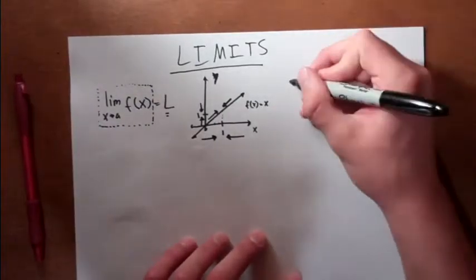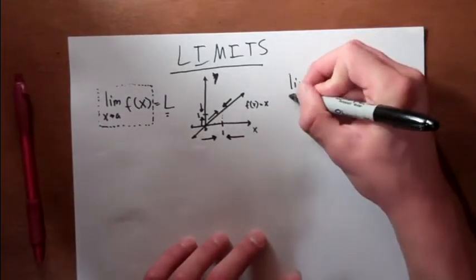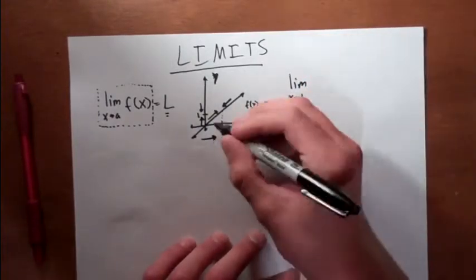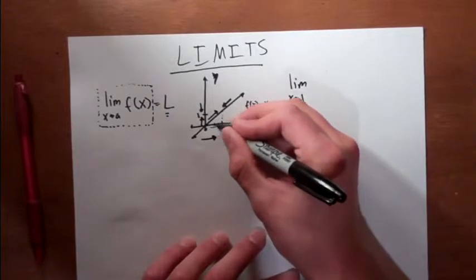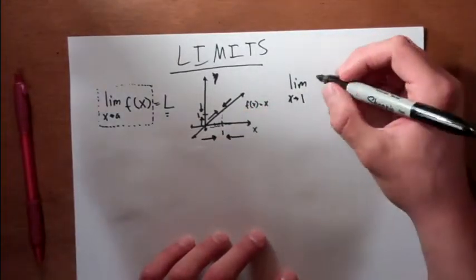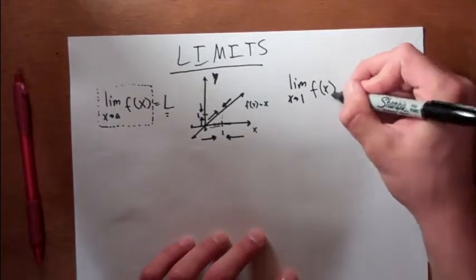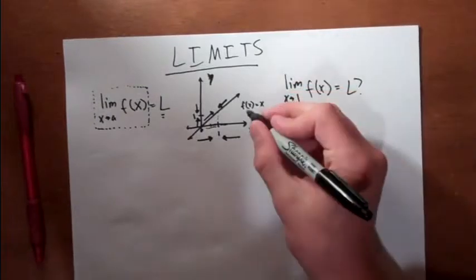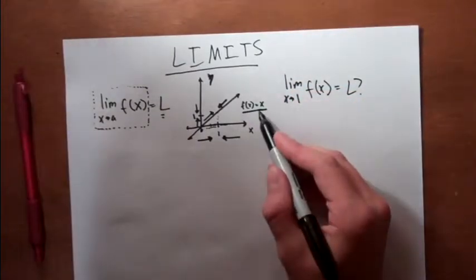So for this problem, we have the limit as x approaches a, and in this case a is 1. We want to find, as x is getting closer and closer to 1, not quite at 1 but really close to it, of f of x, what is the L? And we know, because I defined it, that f of x equals x.